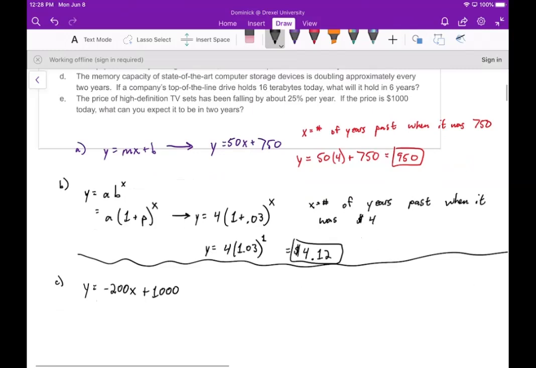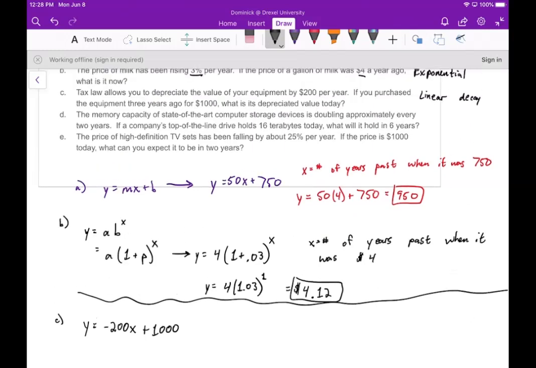And since we want x to be the number of years past when it was 1,000, we want x to be equal to 3 here. So we get y is equal to negative 200 times 3 plus 1,000. So we get negative 600 plus 1,000, which will give us 400. So now it will be worth 400.